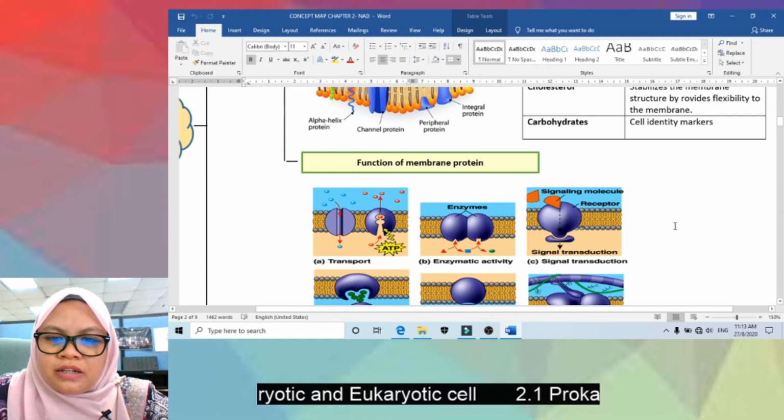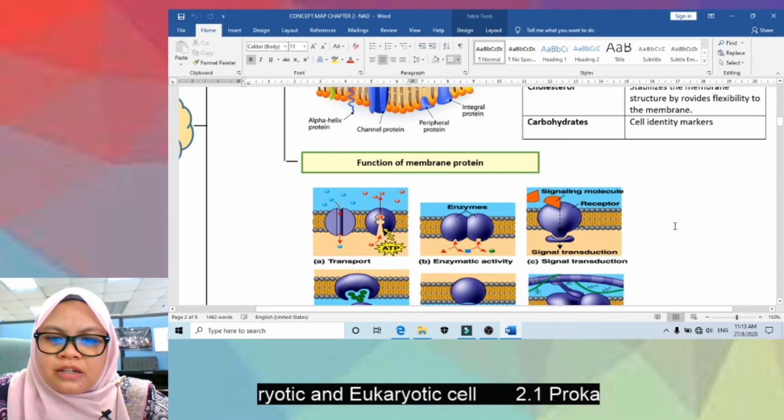And then we have cell-cell recognition, as I have mentioned. The plasma membrane must have carbohydrate. The carbohydrate attaches to the protein or to the phospholipid. If the carbohydrate is attached to the protein, it is known as glycoprotein. The glycoprotein here acts as a cell marker, so it is involved in cell recognition.